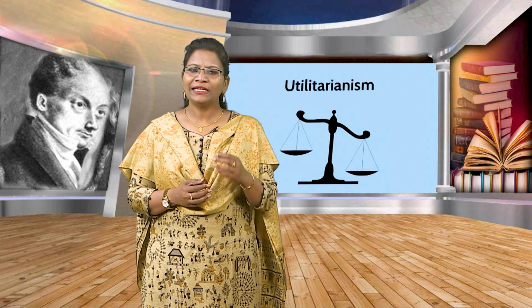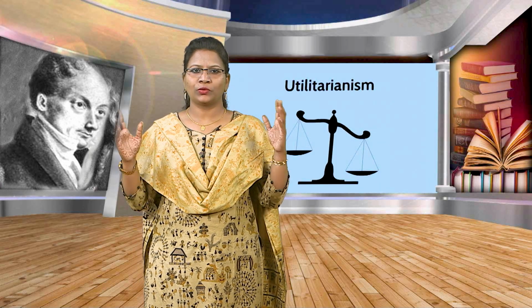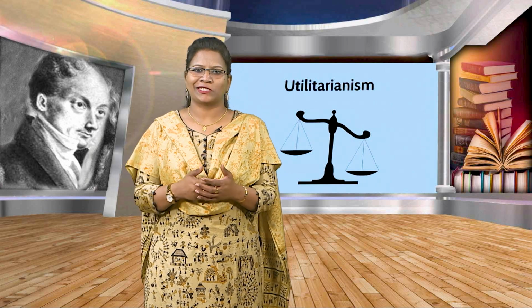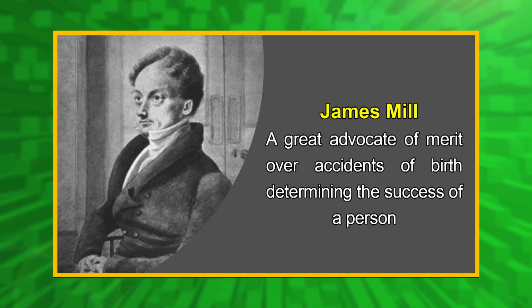Further, being a critique of aristocratic trappings, himself coming from modest means, James Mill was a great advocate of merit over accidents of birth determining the success of the person.